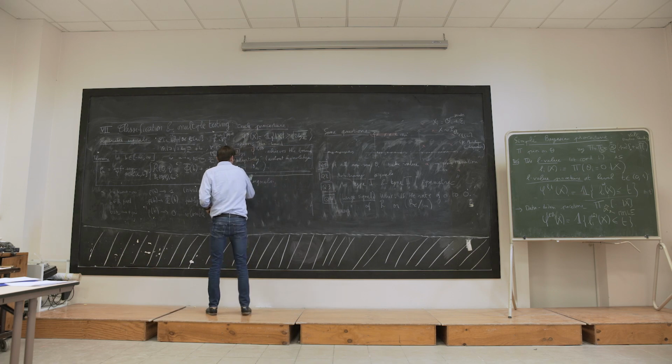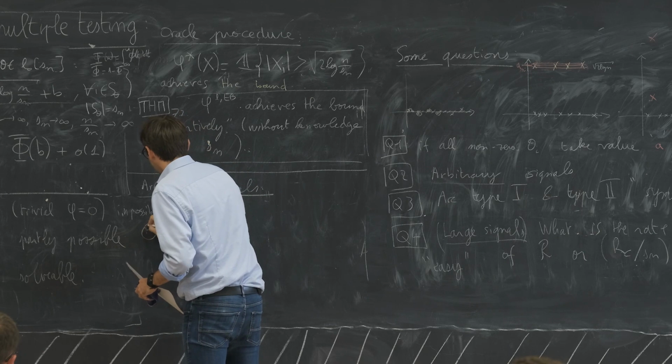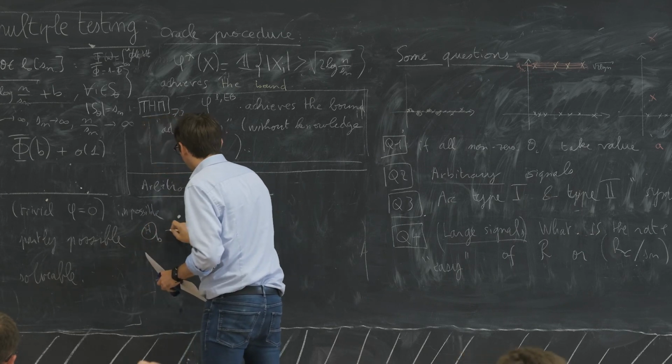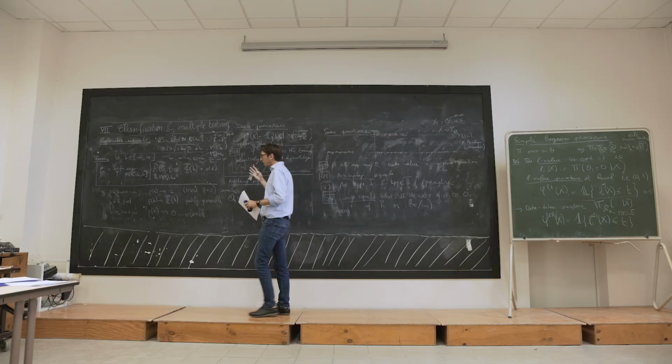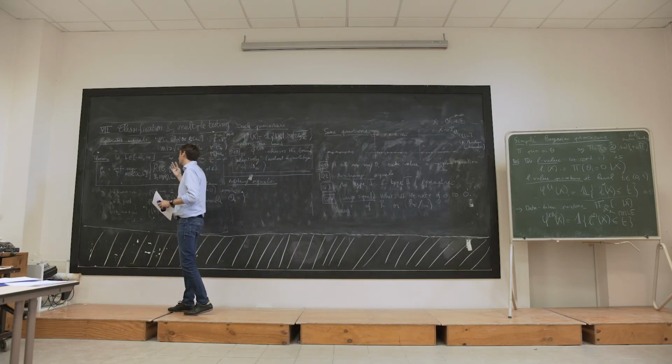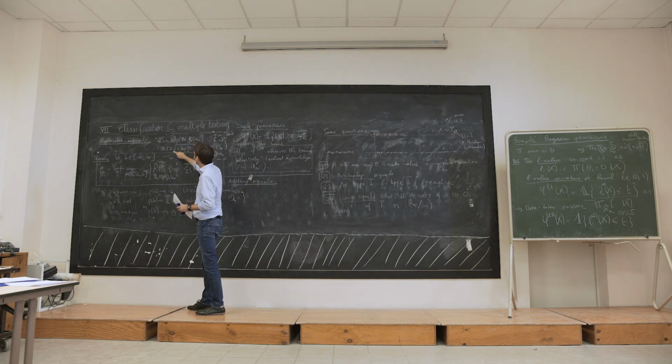So arbitrary signals. I'll just write a class theta b. It will be in the spirit of a minimax local result. So this is in a sense a minimax global result because here you allow signals to be larger than this.